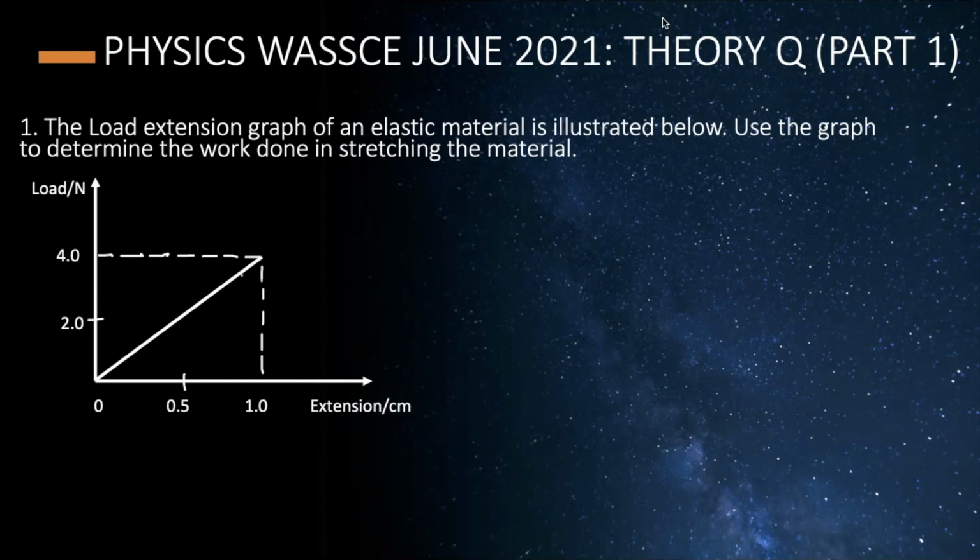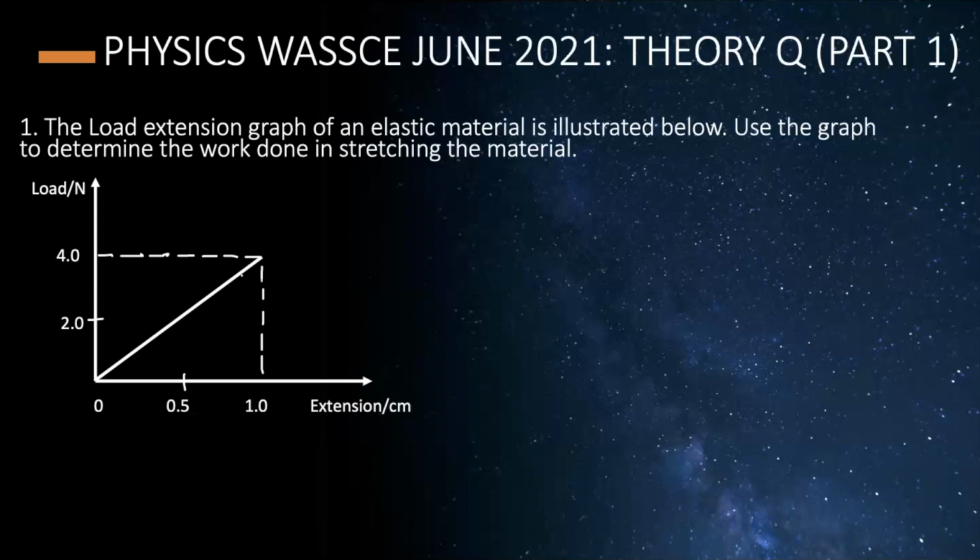Now let's start with the question itself. The load extension graph of an elastic material is illustrated below. Use the graph to determine the work done in stretching the material. Now we are given this graph sheet where the x-axis is the extension and the y-axis is your load.